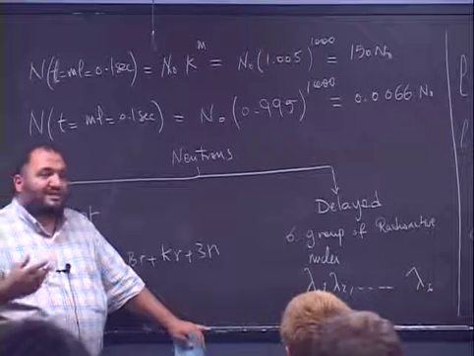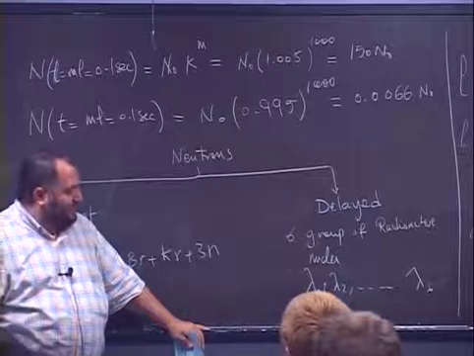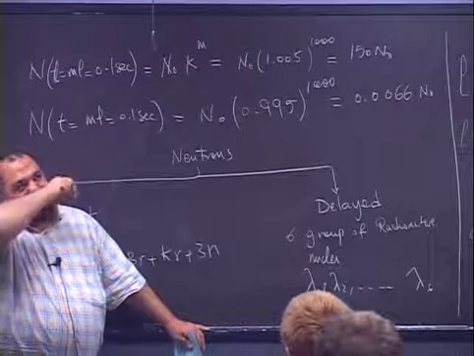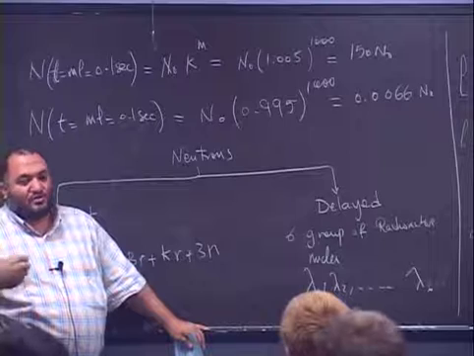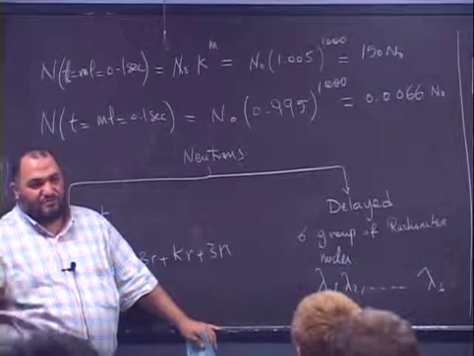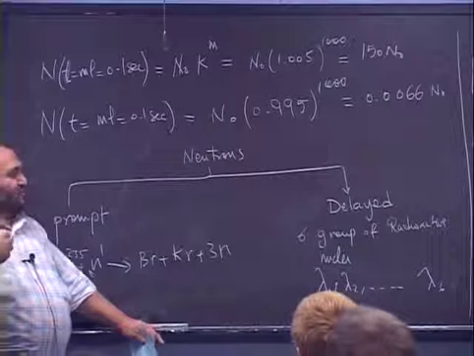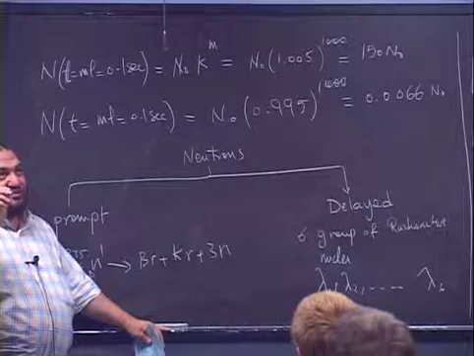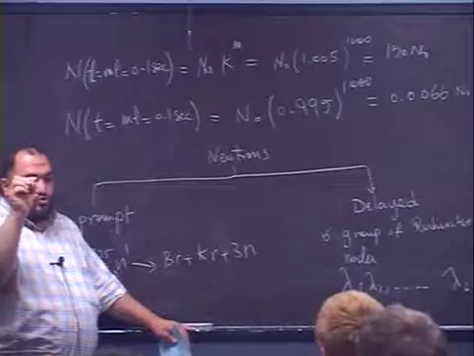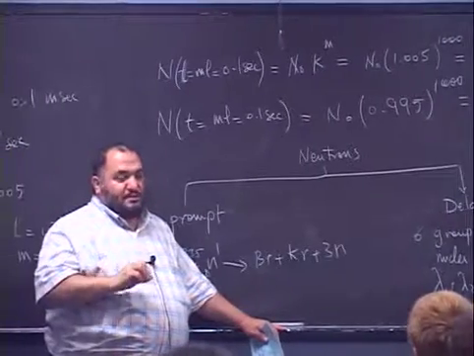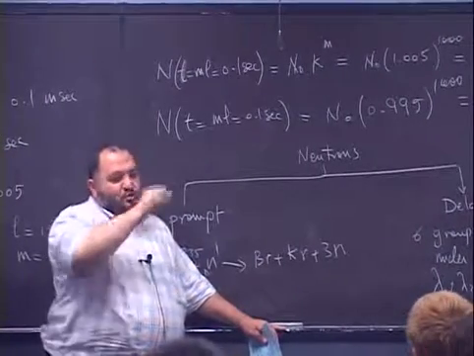So scientists will look at this and say, okay, let's calculate how many neutrons will come out from the fission. As I told you last time, on the average from the fission, we have nu, 2.45.